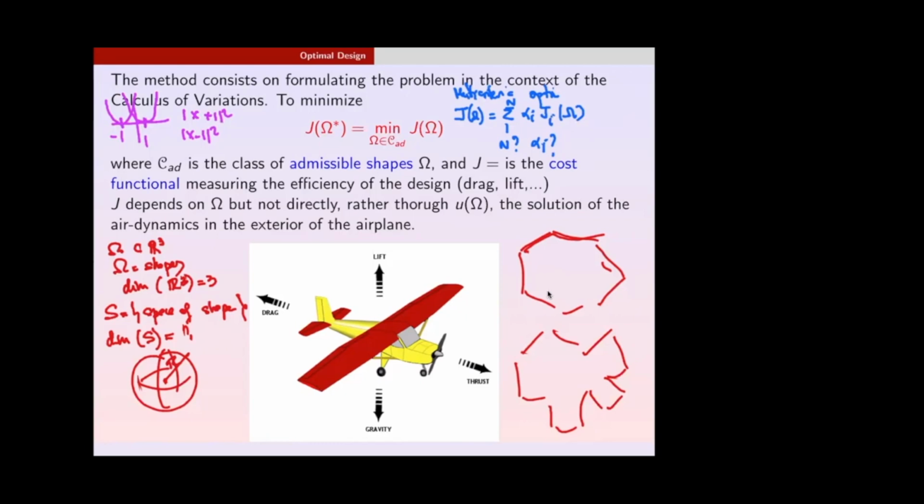The answer, of course, will depend on how you choose in your functional to be minimized the weights alpha plus and alpha minus. Please check that depending on how you choose these parameters, you can in particular get to any intermediate point.